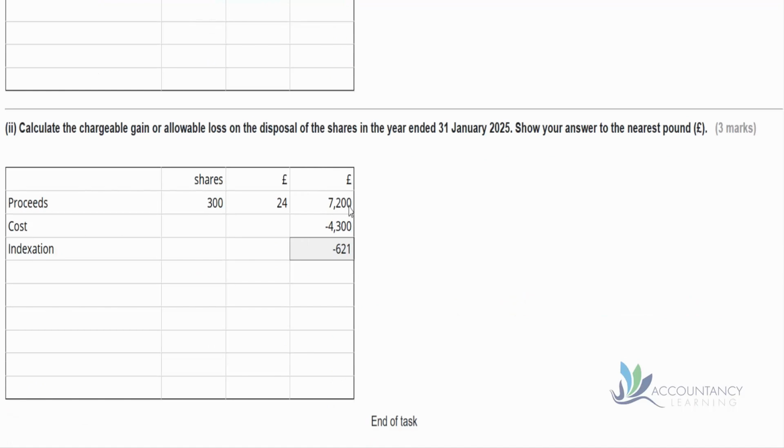So I want to see, to begin with, look, we've got our 7,200 minus the 4,300. There's actually a gain, isn't there? Okay, so that's okay. There is sufficient gain available for me to take off the indexation as well. So what is our gain going to be? We've got the 7,200 minus 4,300 minus 621. So we have a final gain of 2,279.